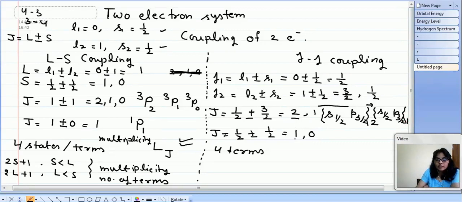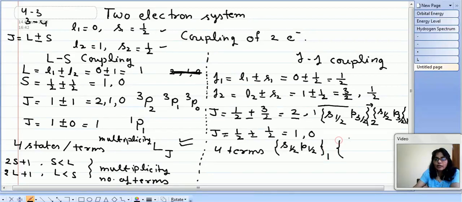Similarly, let us write for this one. Again L1 means S state, and J1 is half. Then L2 is the P state, and J2 is now half, so it is P half. And outside we have capital J, which is 1.